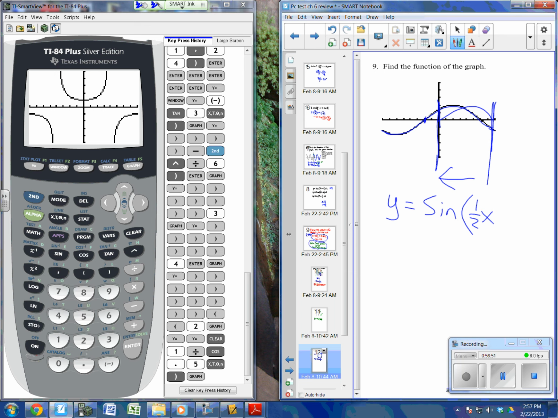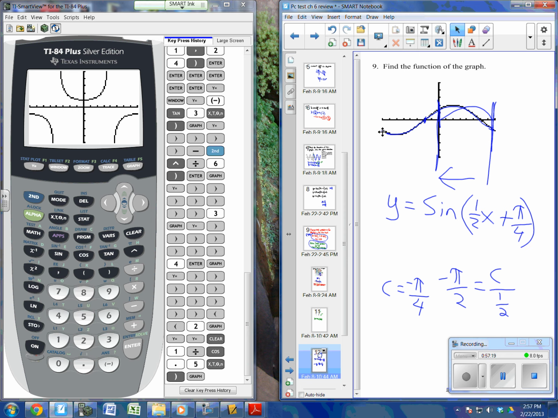And if I take the phase shift, negative pi halves, equal to c over k, and k is 1/2, that means I multiply both sides by 1/2. I'm going to get negative pi fourths, right? C equals negative pi fourths. So I'm going to put plus pi fourths right here.